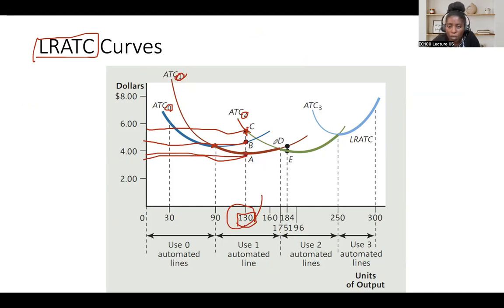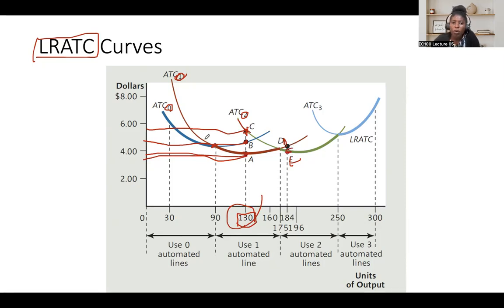In the same way, if you go to any point, like point E, you have this choice and this choice, E or D. All give you 184 units of car washes. But you have to see which one you should go with, the one with the lowest cost, which is going to be this.